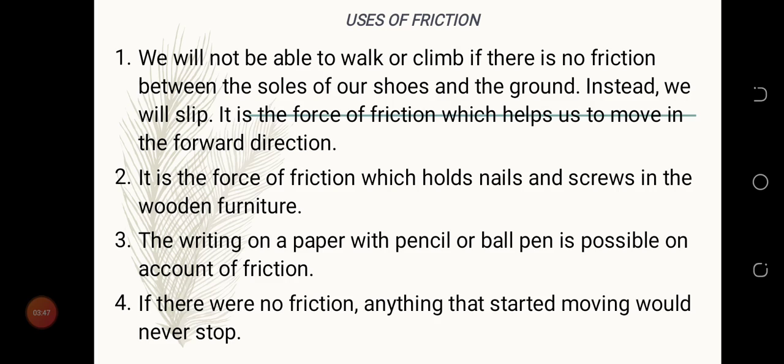It is the force of friction which holds nails and screws in wooden furniture. 3. Writing on paper with a pencil or ball pen is possible on account of friction. 4. If there were no friction, anything that started moving would never stop.